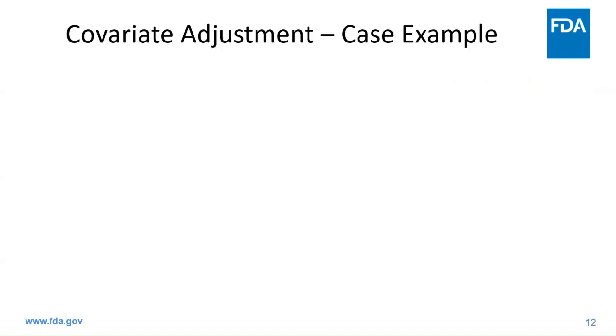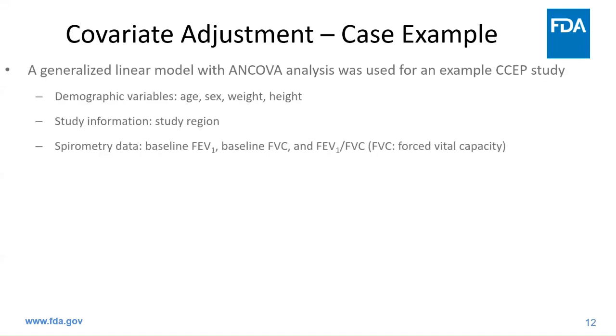I'm presenting one case example we did regarding covariate adjustment. This is from one example data set. We used the ANCOVA analysis on this example data set, and we analyzed all the possible covariates.